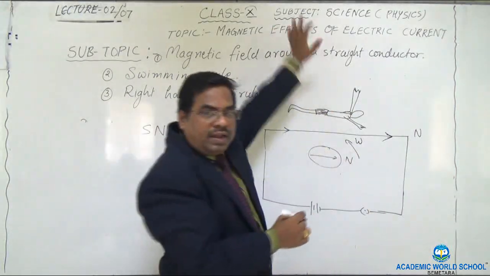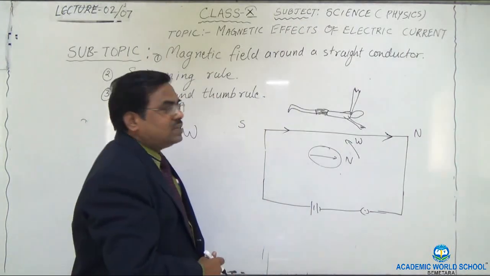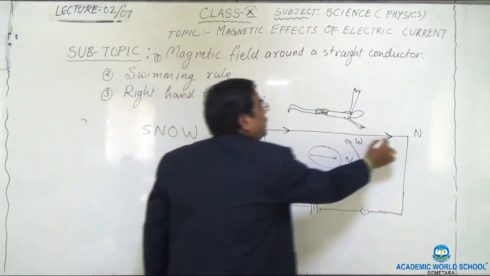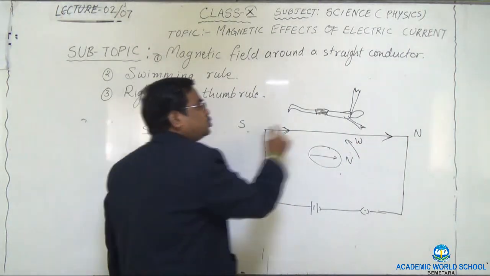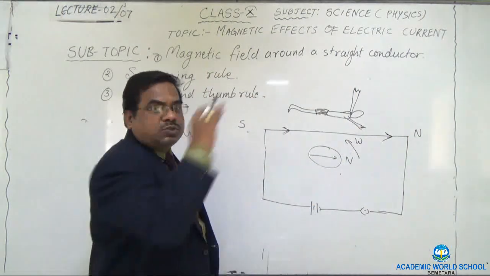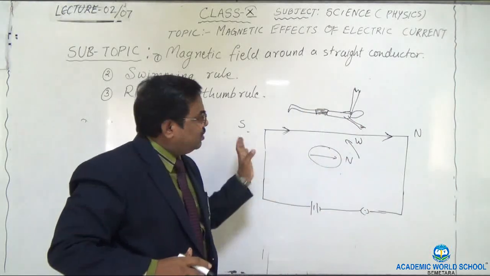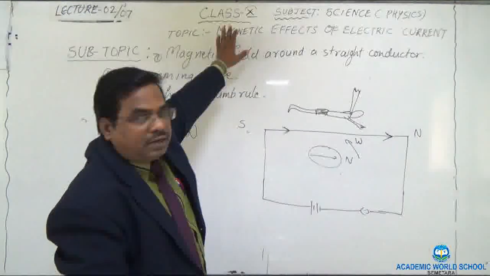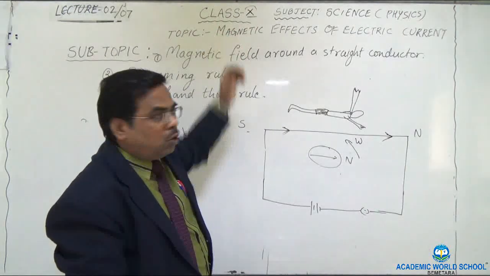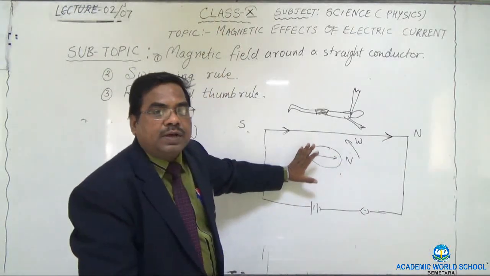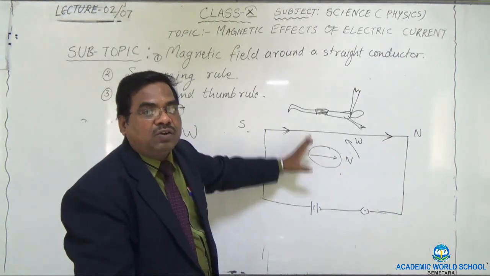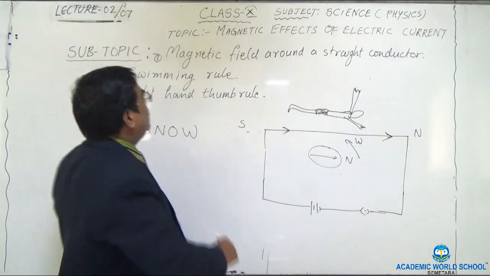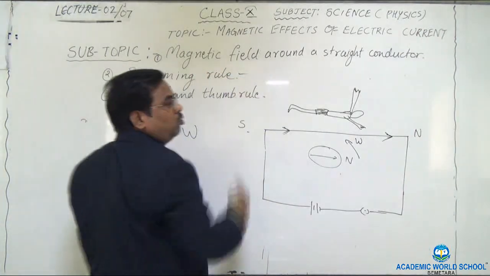This is your left hand. Okay, you assume yourself to be swimming in the direction of the current, south to north. So when you assume yourself to be swimming in the direction of current, which is your left hand side? This side, towards the board. So the north needle of the compass will always deflect towards your left hand side. This rule is called swimming rule.